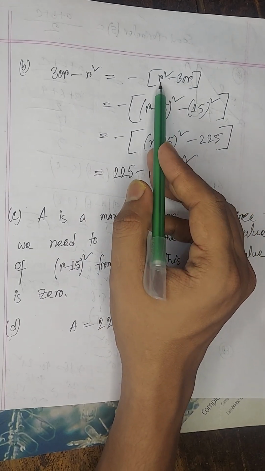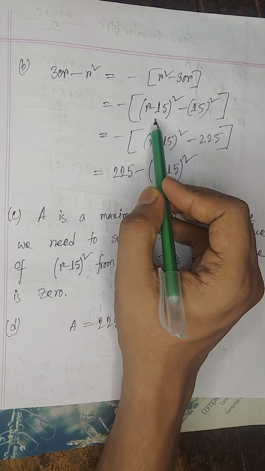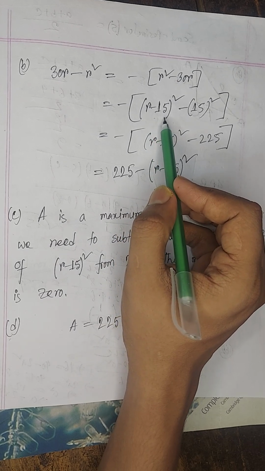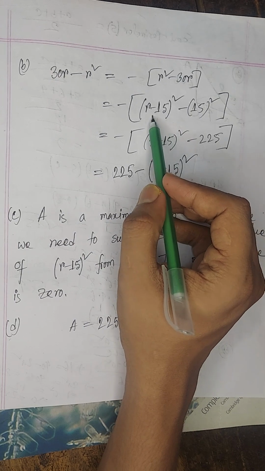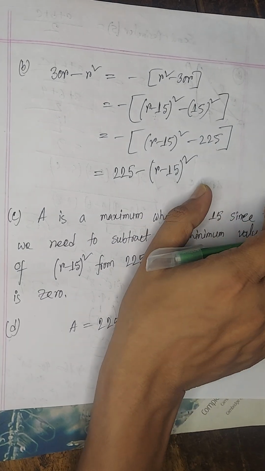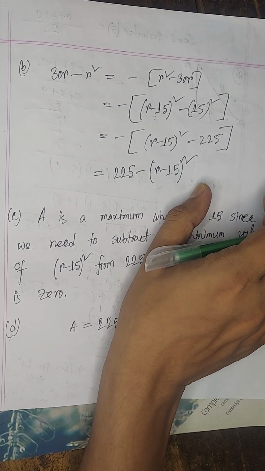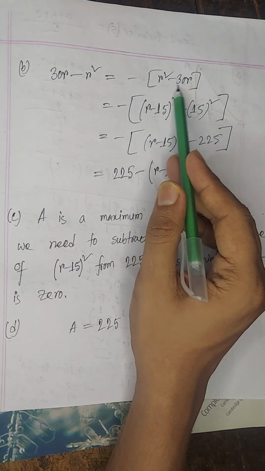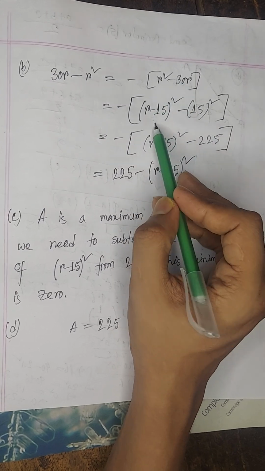Now we can substitute, replacing r by r minus 15, and then we get (r minus 15) whole squared.